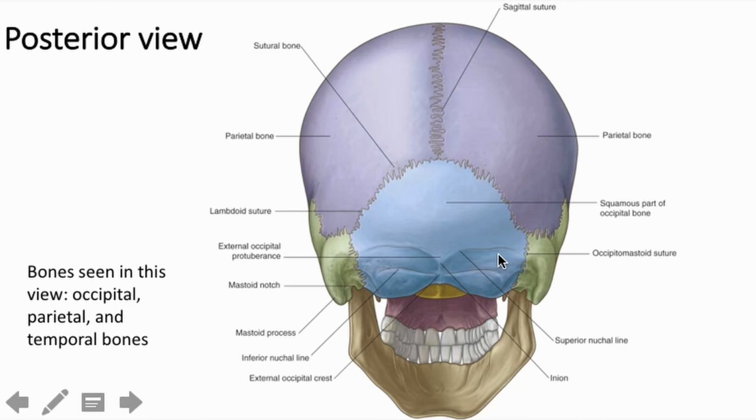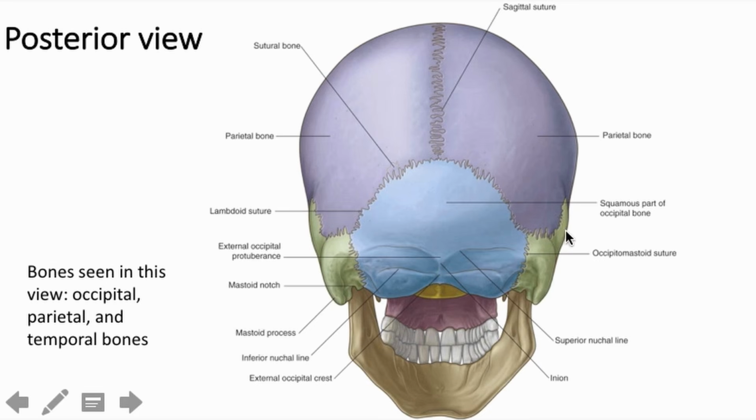And then you also have the superior nuchal lines, which are right here, and you have the inferior nuchal lines. And then also extending downward from the external occipital protuberance, you have the external occipital crest, which is right in here.